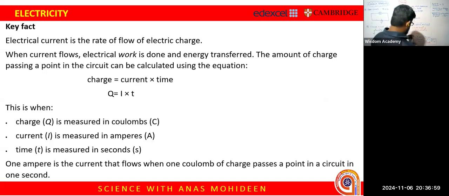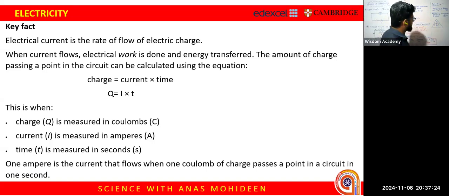If you take it as a formula triangle, this is how it works. This is the division, and this is the multiplication here. So as to rearrange, I is equal to Q over T, so that means Q is equal to I into T. So how do we rearrange the formulas?